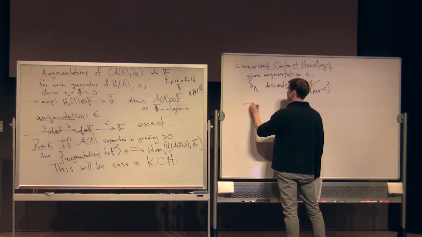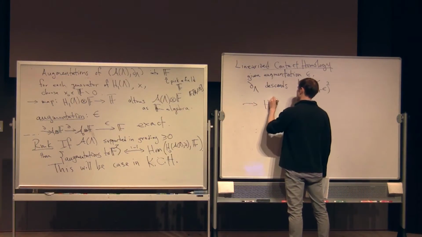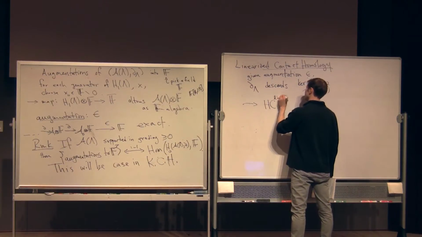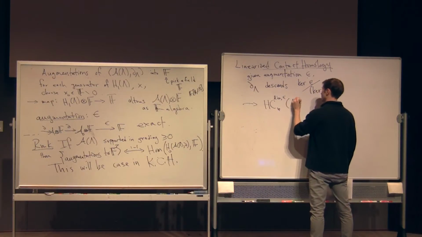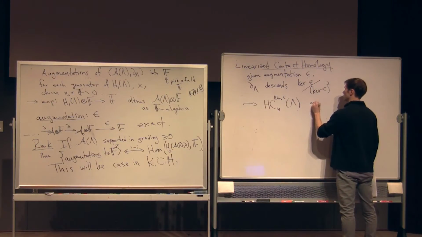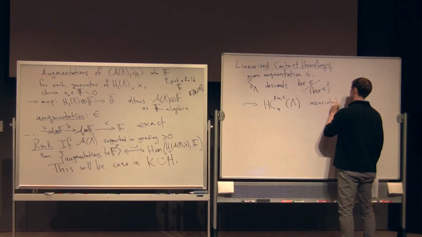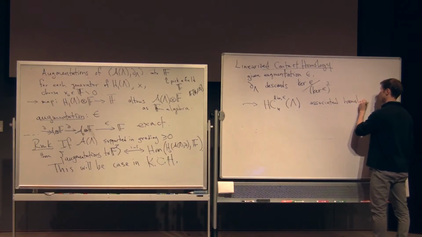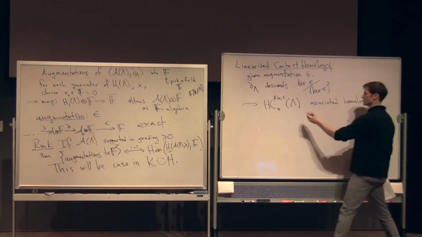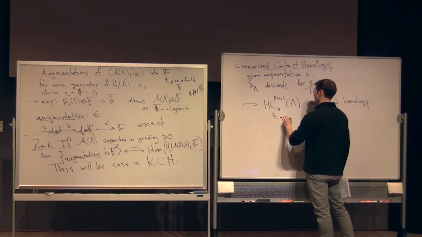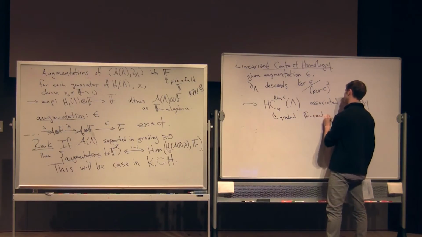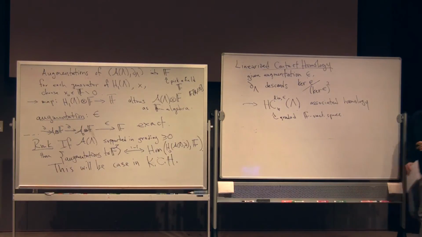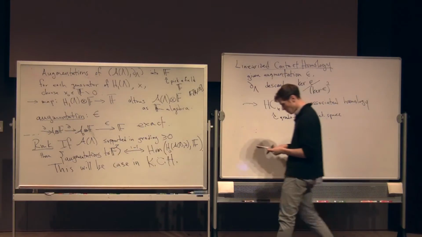And the linearized contact homology with respect to this augmentation of lambda is the associated homology. This is a little bit easier to work with because this here is now just a graded vector space.